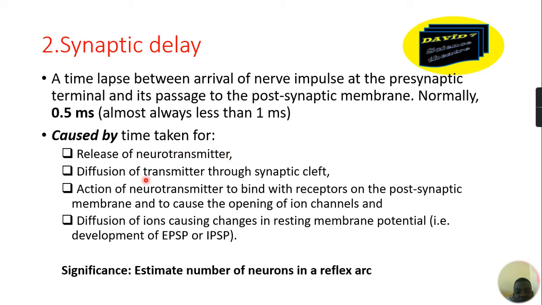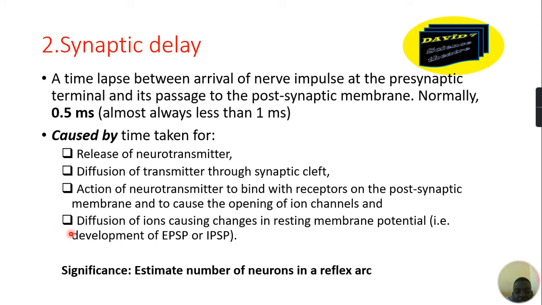Time taken for diffusion of transmitter through the cleft. That is the second reason. The third time is spent for the neurotransmitter to bind with the receptors on the postsynaptic membrane and cause opening of sodium ionophores. So that is the third expenditure of time.